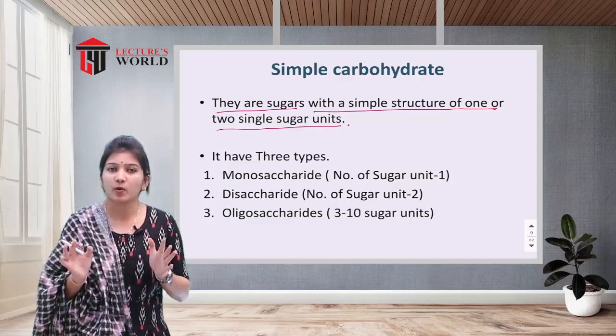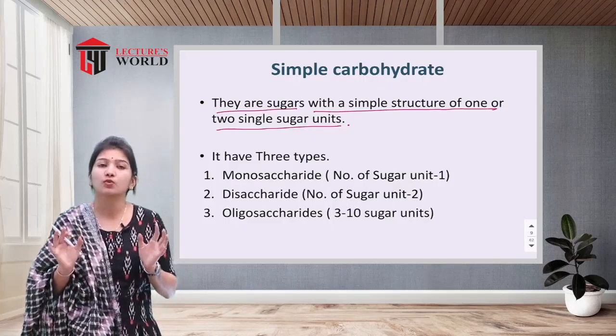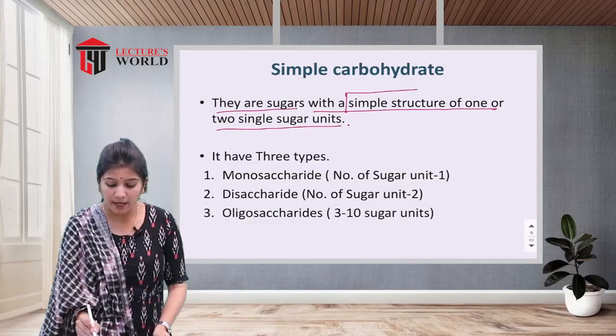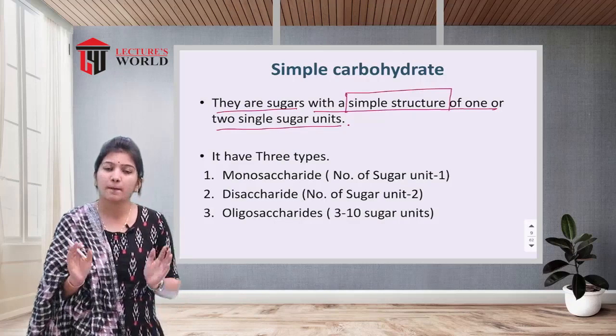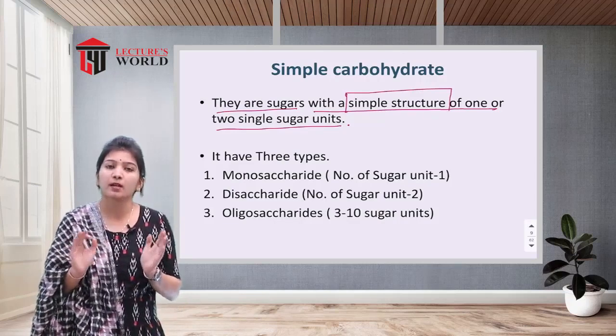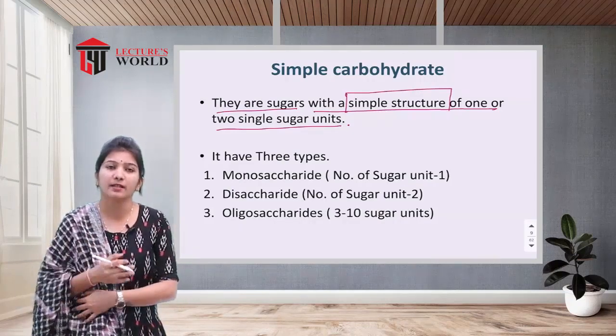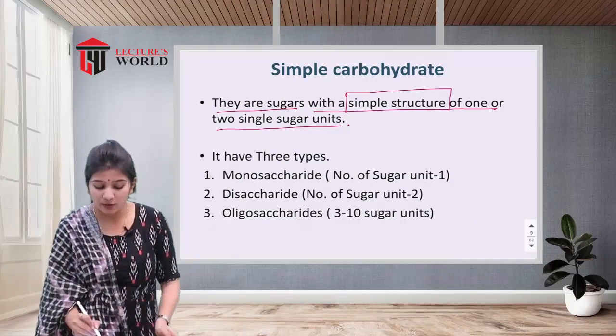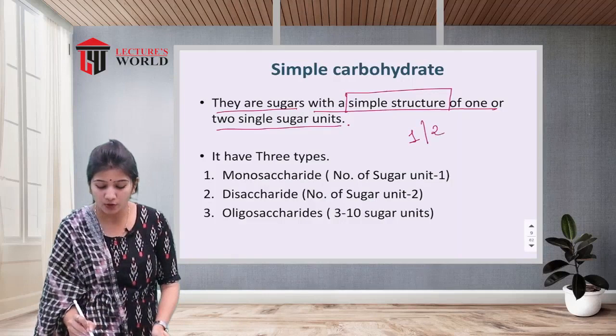It is made up of single sugar units. That's why it is known as a simple carbohydrate, because it has a simple composition. In the simple carbohydrate there should be one or two sugar units.